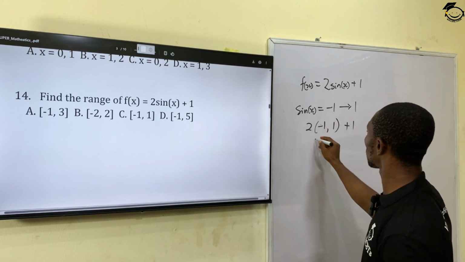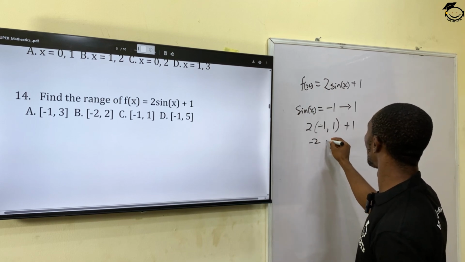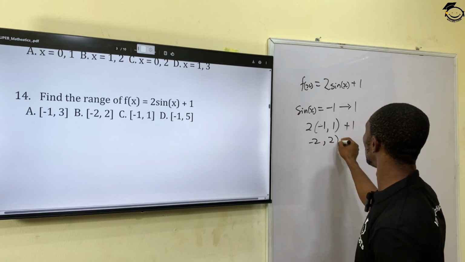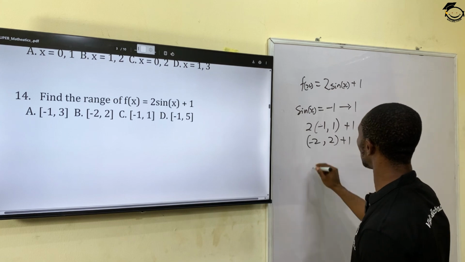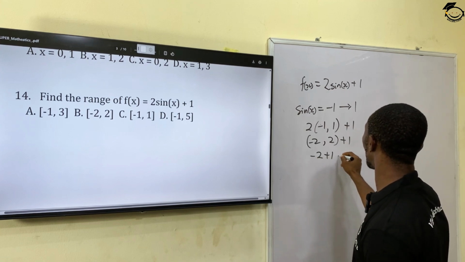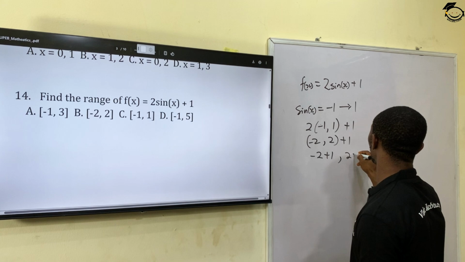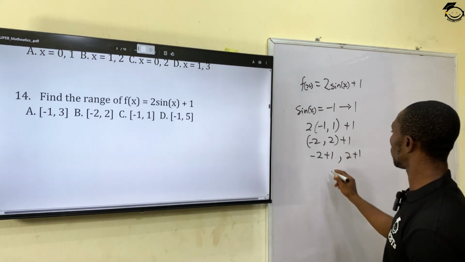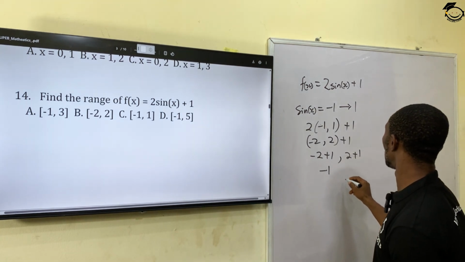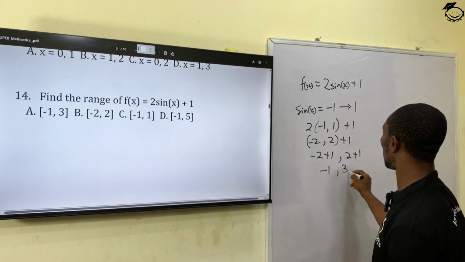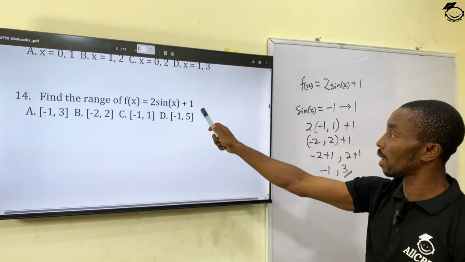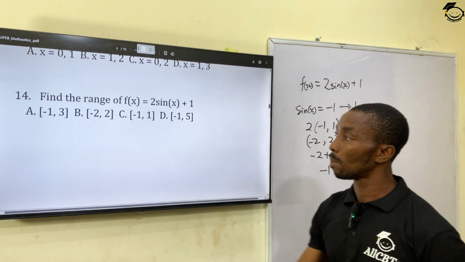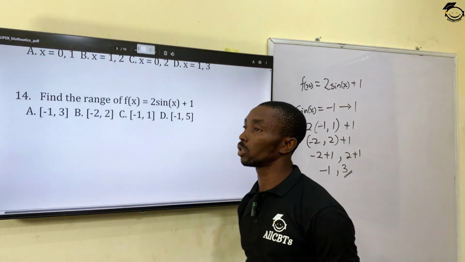This becomes minus 2 and 2, plus 1. Now, opening up these brackets, this becomes minus 2 plus 1 and 2 plus 1. So this will give us minus 1 and 3. So the range of 2 sine x plus 1 will be minus 1 to 3, which is option A.